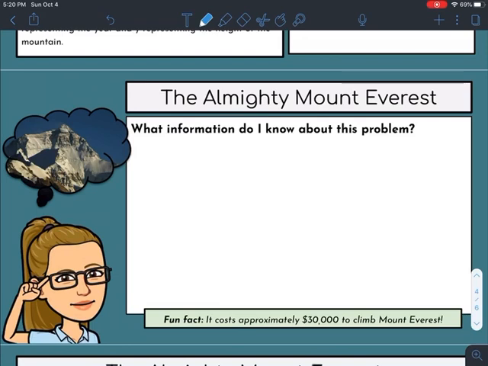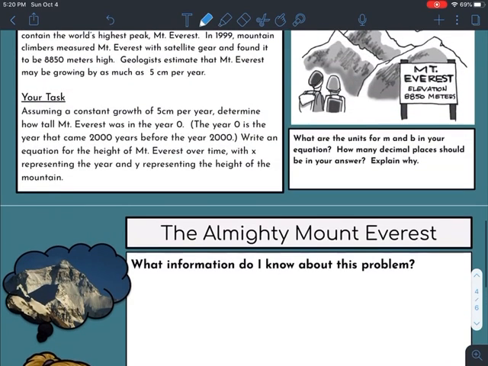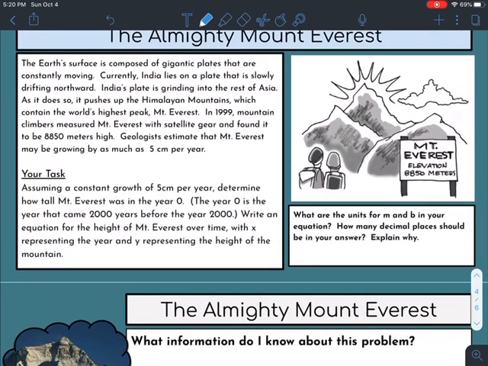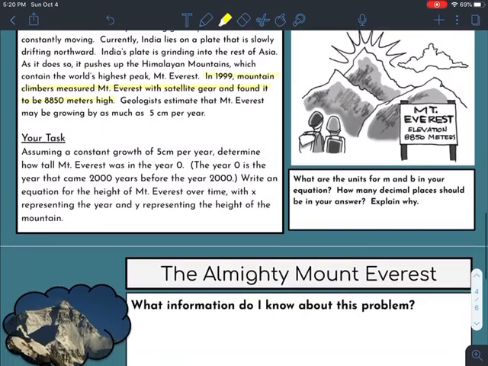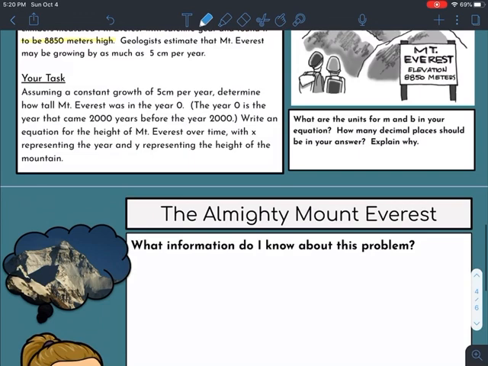So if we go back to the top of this problem right here, we know that in 1999, mountain climbers measured Mount Everest with satellite gear and found it to be 8,850 meters high. So I'm going to go ahead and write that down.